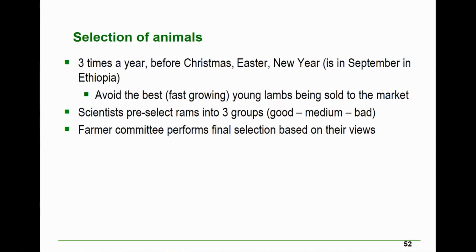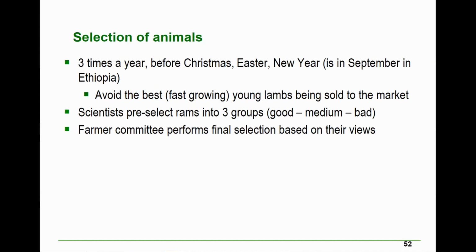Also, we need to take into consideration that these celebrations or holidays are also the time when quite a number of animals are sold or slaughtered, because there is an increased demand for the celebrations. So that's why we need to hold selection events before these holidays.